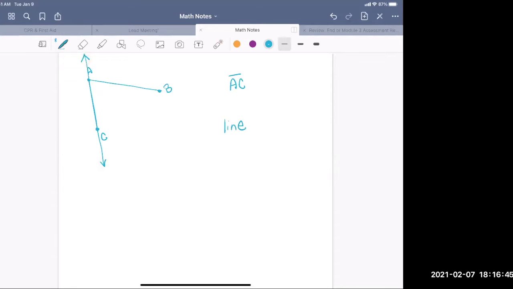The way you note a line is almost the same as a line segment, but it has two arrows on the end. So this is line AC. What is the difference between line AC and line segment AB?